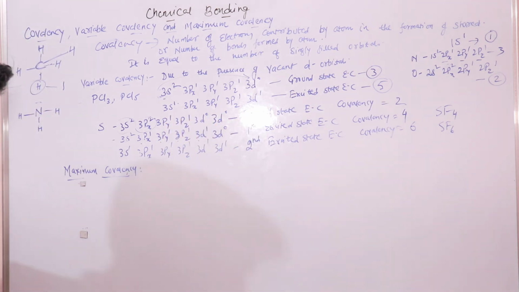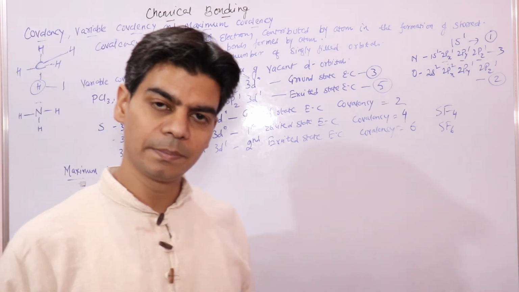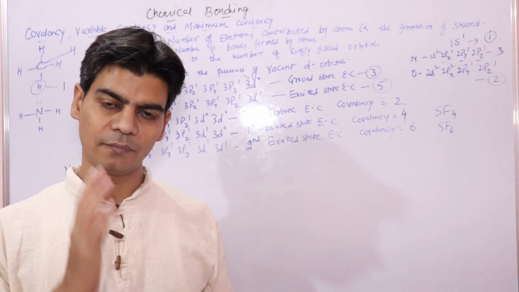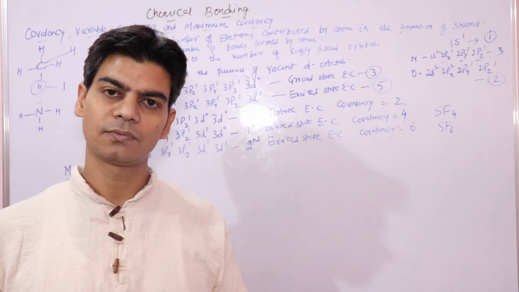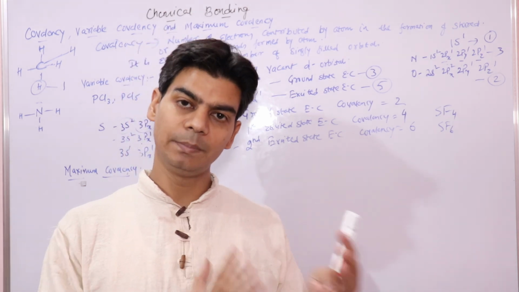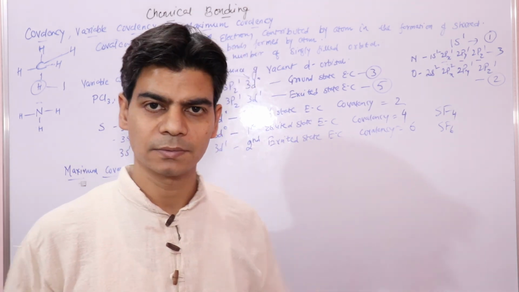So the maximum covalency represents that electronic configuration that results after the transfer of electrons from s and p orbitals to vacant d orbitals, right?